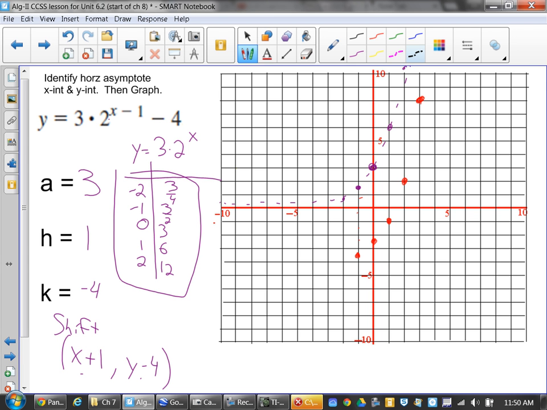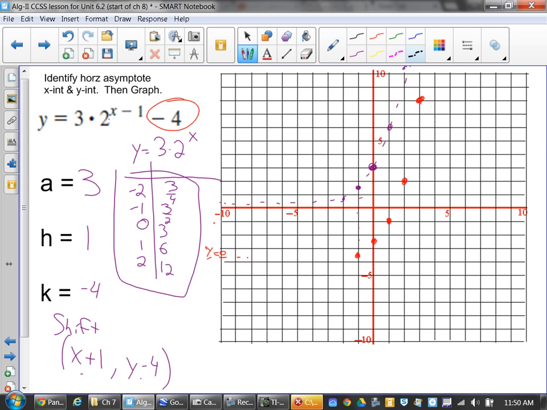Let me ask you this before I do the whoosh. Where's your asymptote? Negative 4. Your asymptote is at your K value, because your original asymptote went through y equals 0. So you just have to move that asymptote down to negative 4, just like you move everything else. Because the K value is your vertical shift, your asymptote is a horizontal line, which is working with the y values.